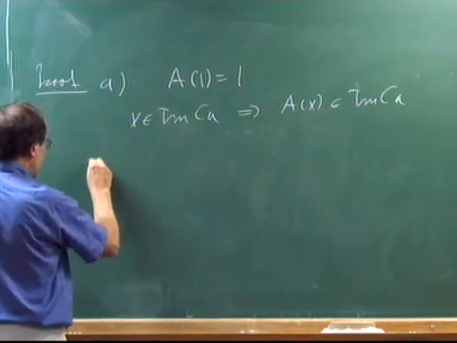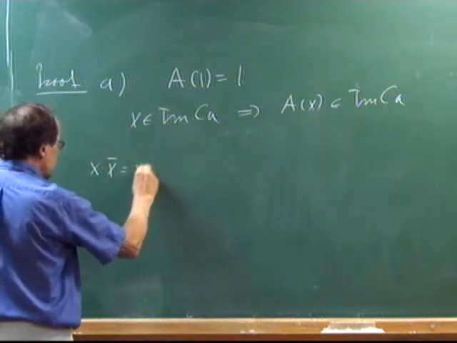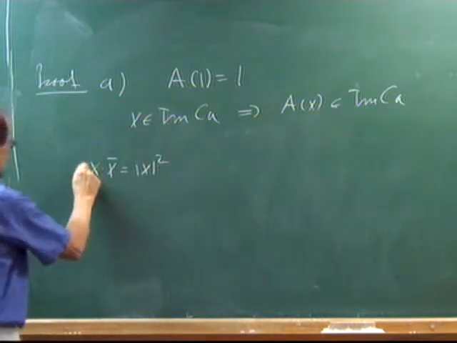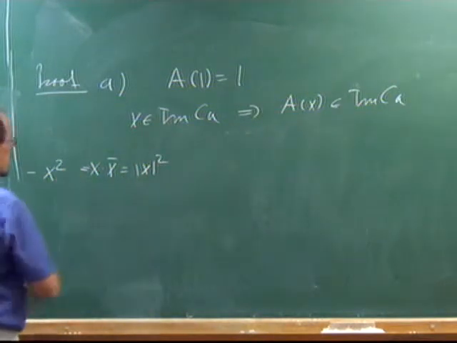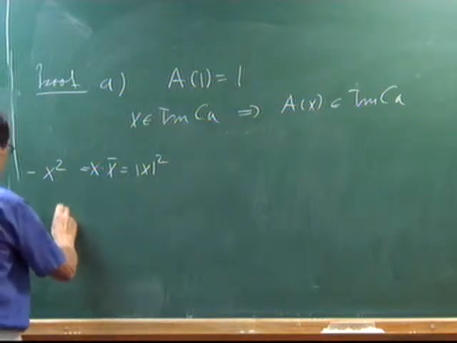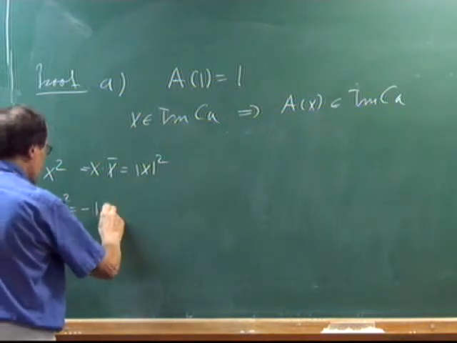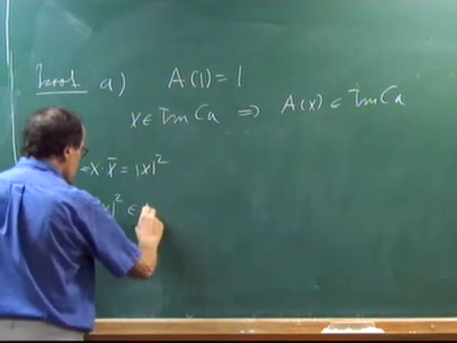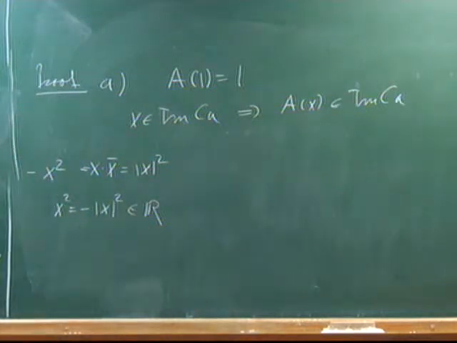Notice that x times x bar, which was norm x squared, is minus x squared if x is imaginary. So x squared is equal to minus norm x squared. Particularly, it's real. So a square of an imaginary number is a real number. And I claim that characterizes imaginary Cayley numbers.